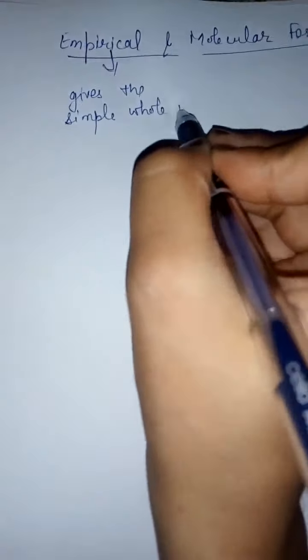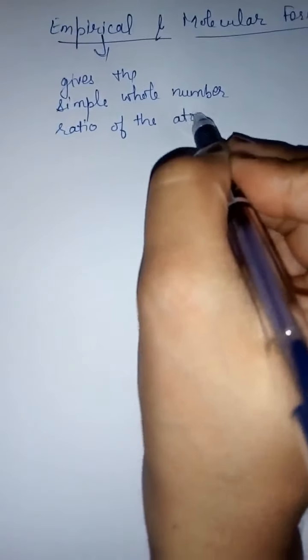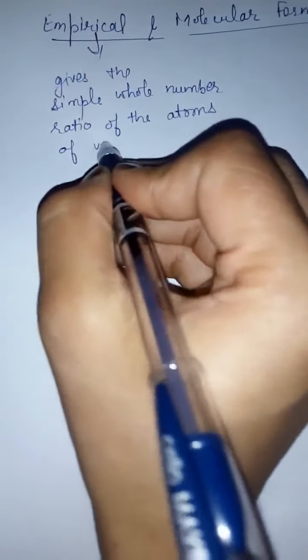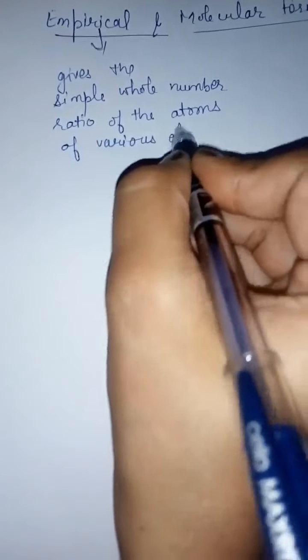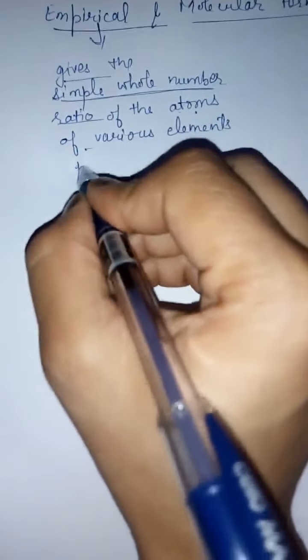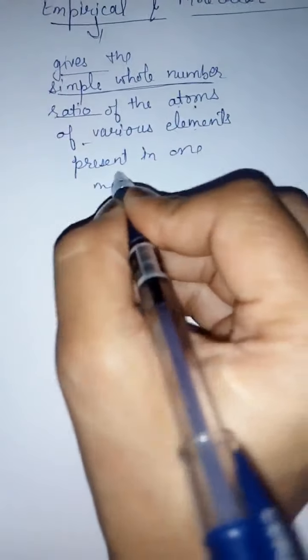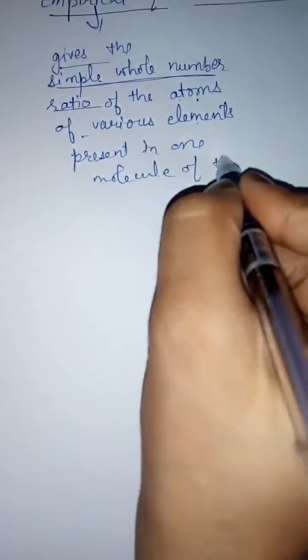Actually, the empirical formula gives the simple whole number ratio of the atoms of various elements present in one molecule of the compound.